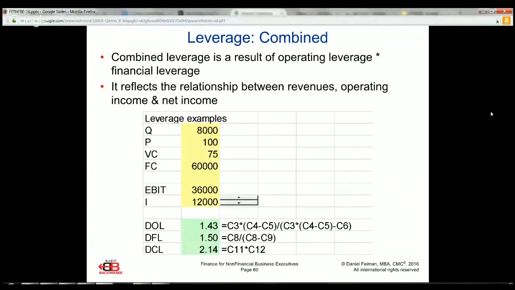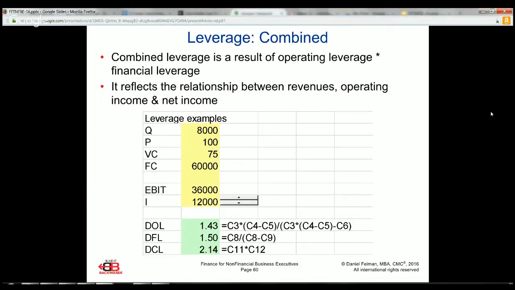If we've calculated these degrees of leverage, if our top line, if revenue goes up by 10%, degree of operating leverage is 1.43, 1.43 times 10%, that means that our EBIT will go up 14.3%. Degree of financial leverage is 1.5.